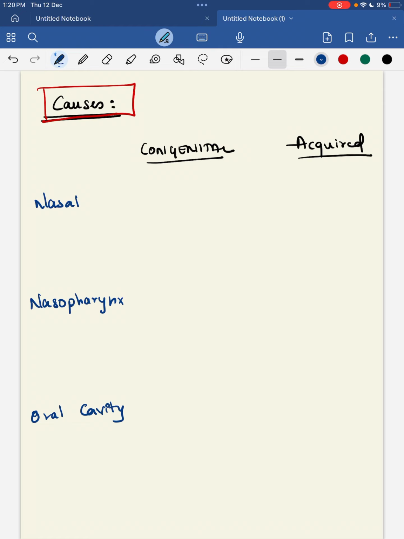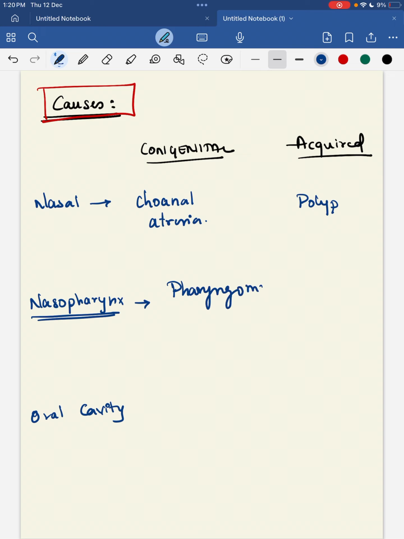In the nasopharynx region, congenital causes can be pharyngomalacia, or mid-face hypoplasia, like in syndromes such as Crouzon syndrome. So they can have a stridor because of mid-face hypoplasia. In acquired conditions, stridor can be due to adenoid hypertrophy.